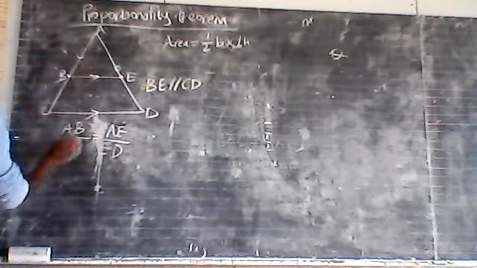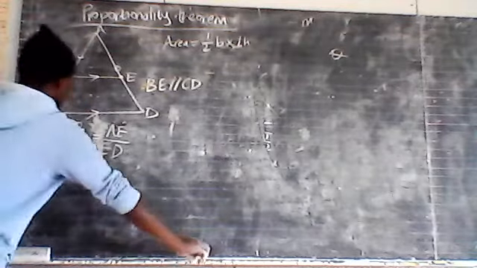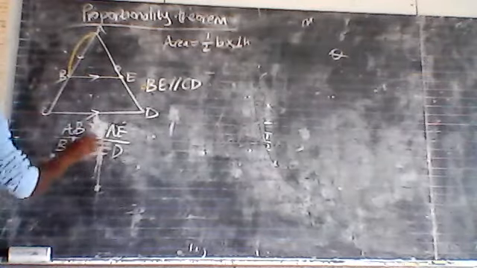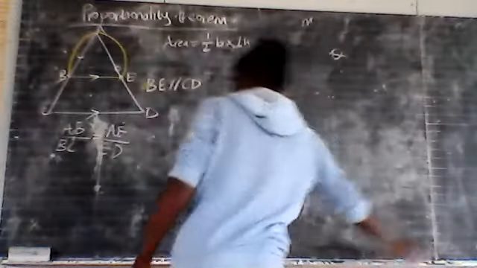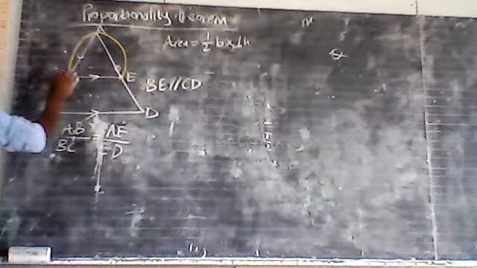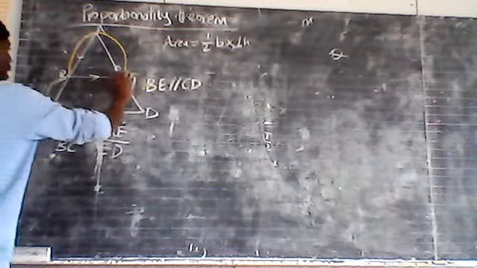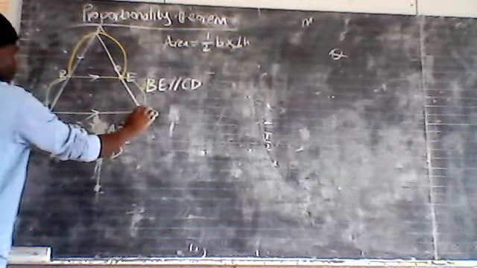So if you can see how I've written, I've written first the AB and divided it by this side. Again, I wrote this BC at the denominator there, and then at the denominator on that side the ED.